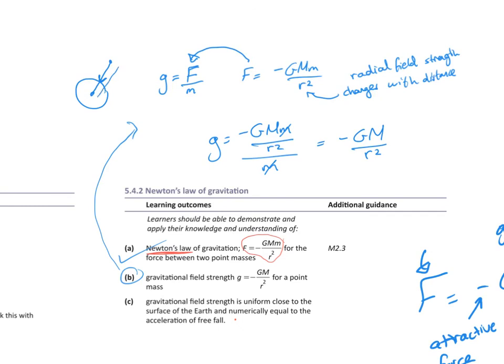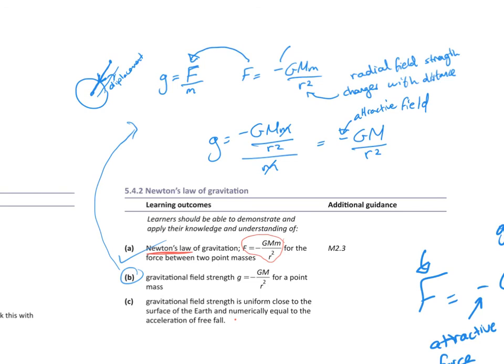So the displacement is in this direction, but the force experienced is in the opposite direction. The negative sign here stands for that the field is an attractive field. So the same thing with the equation that we said before.